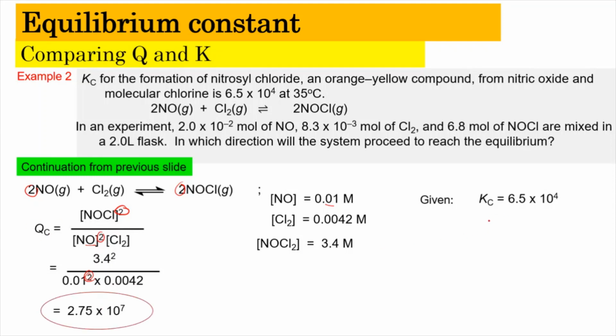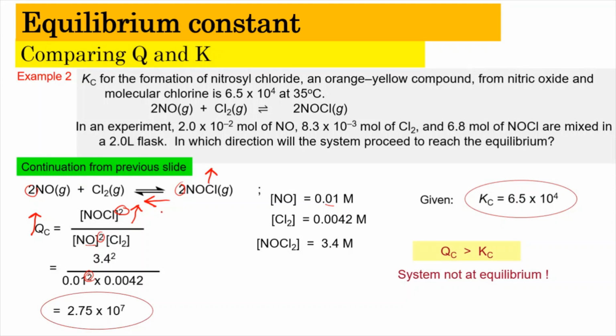Now we can compare our QC with our KC. Our QC is definitely larger than our KC. So we can say that QC is greater than KC. When QC is large, we know that the concentration of our product is very, very high. So in order to reduce it back, we need to go to the left-hand side so that the concentration of the reactant is going to be higher.